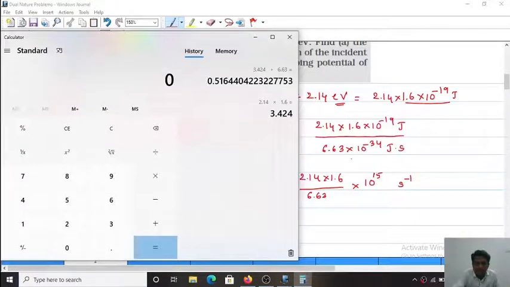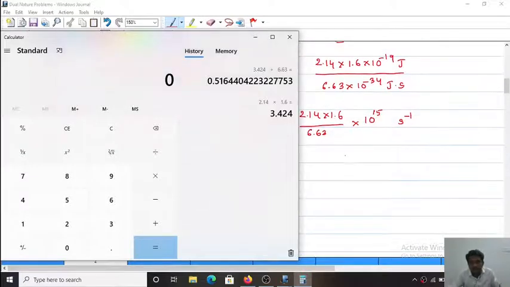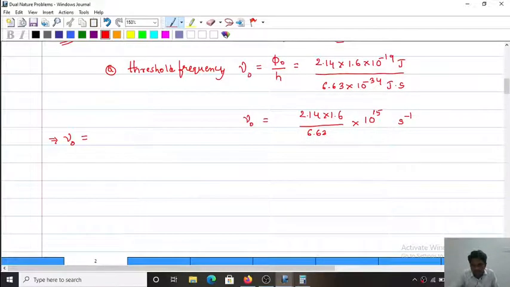We got 3.424. Well, the answer is 3.424 into 10 power... no, you got the wrong answer actually.